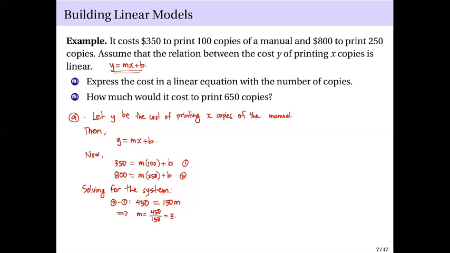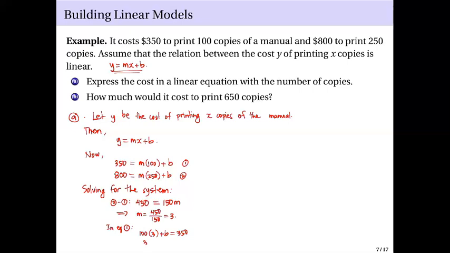Okay? Now, we solve for the value of b. We substitute m equals 3 into either equation 1 or 2. Let's just use 1. So in equation 1, we have 100 times 3 plus b equals 350.